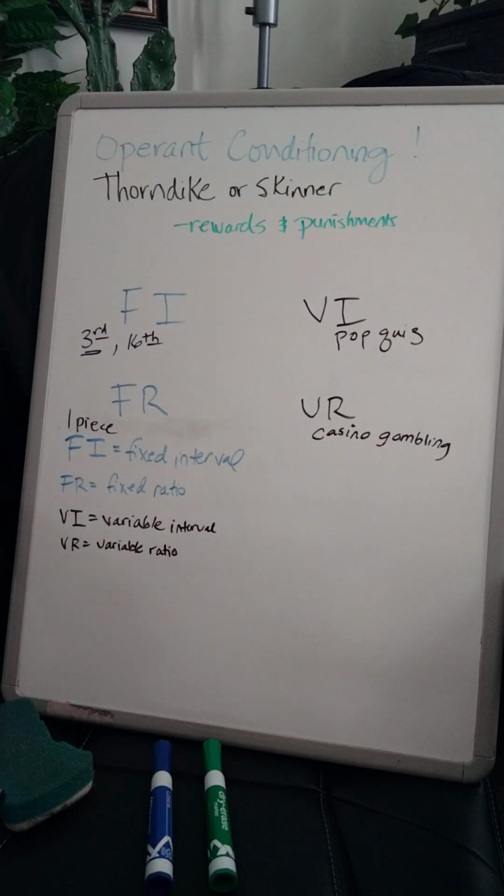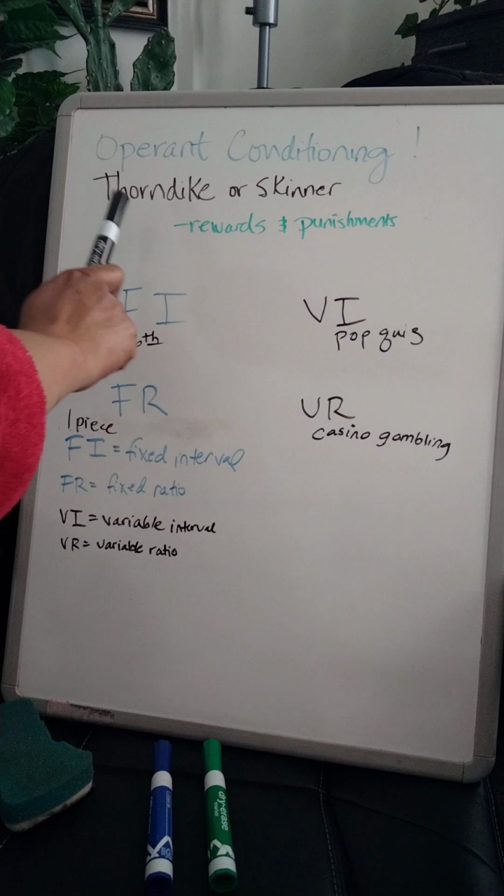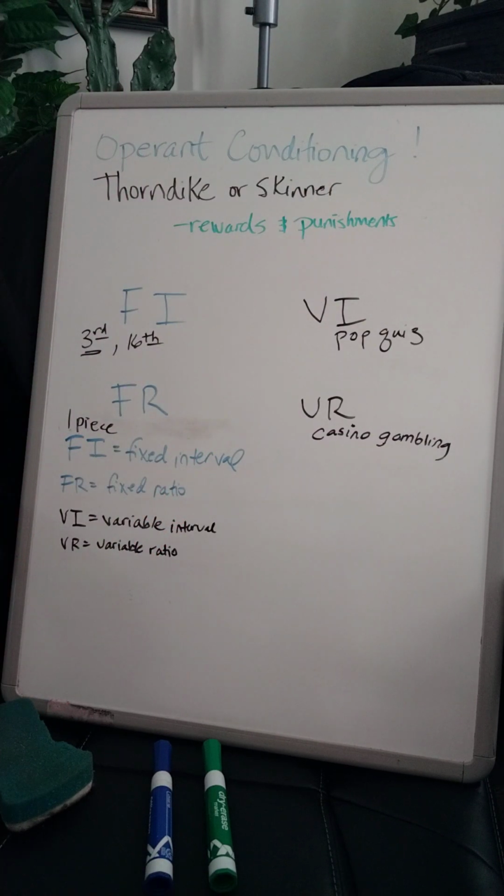Variable ratio, highest rate of responding and most resistant to extinction. All right, so remember again, these are the schedules of intermittent reinforcement under operant conditioning with Thorndike or Skinner. Rewards and punishments are the goal. And the variable is not predicted, steady rate of response.